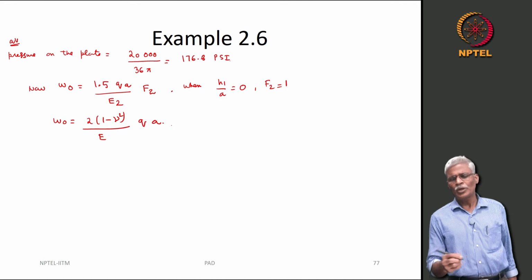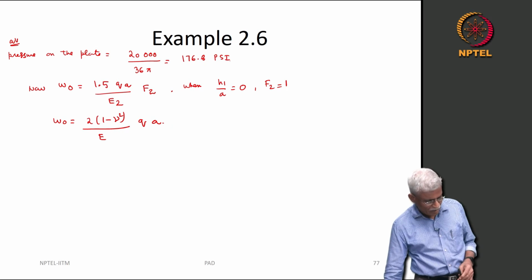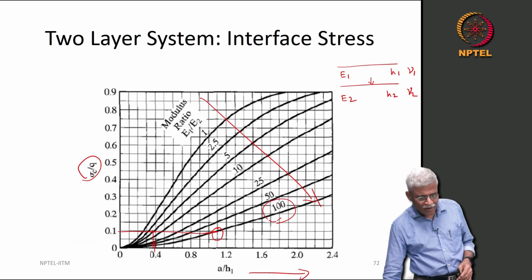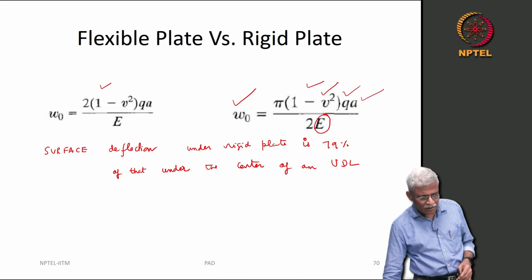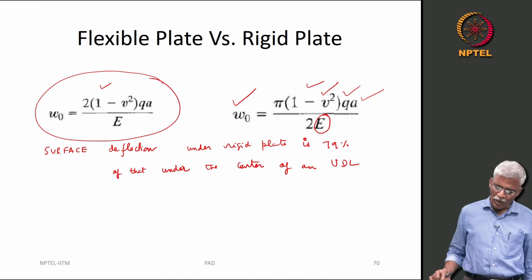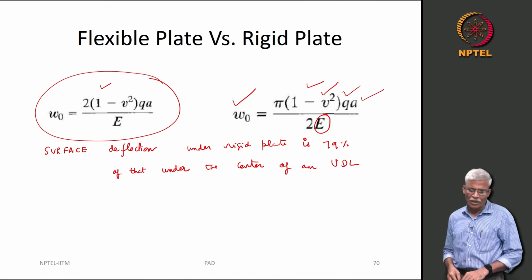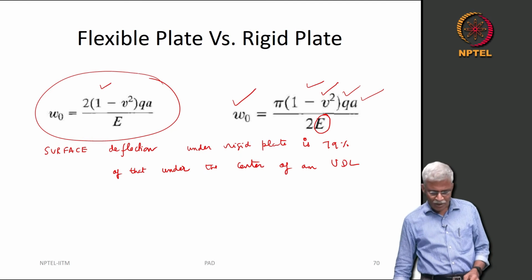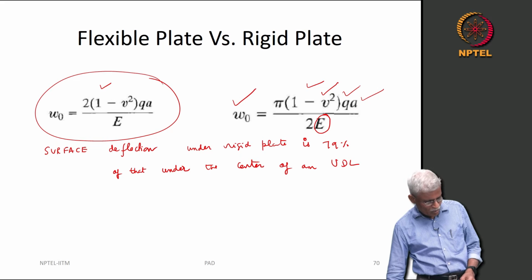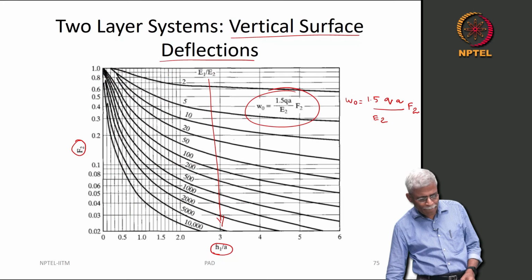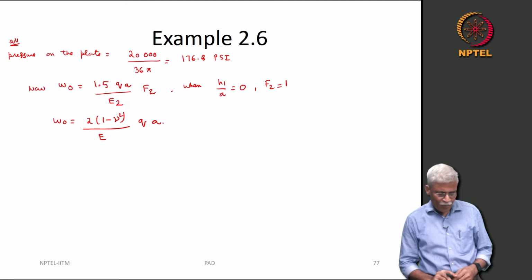Okay. So, if you recollect this particular one, let us go back. Where did we see this formula? This is what it is, 2 into 1 minus nu square Q times A divided by E. Now, we also wrote something here for rigid plate. Now, we are going to use this here. Okay.